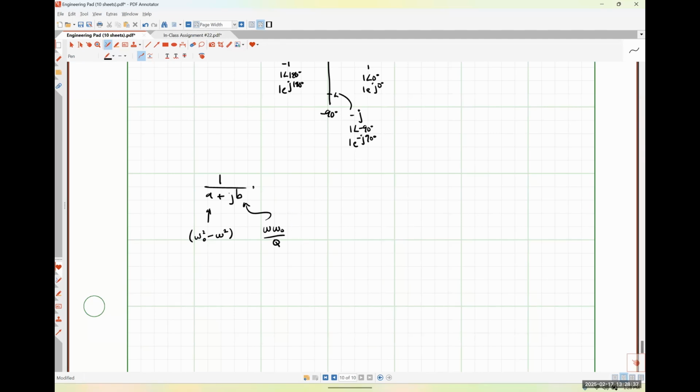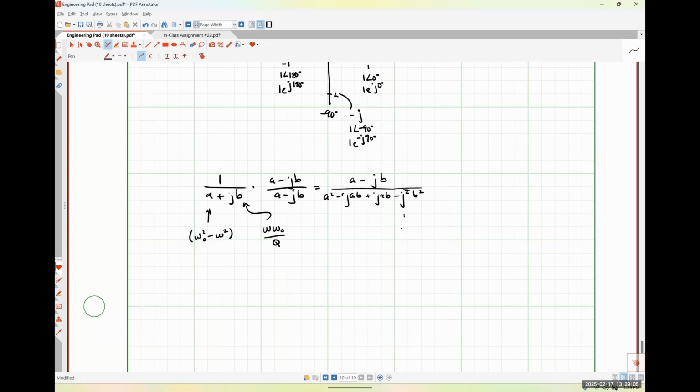So if I multiply this thing by A minus jB over A minus jB, what I'll get is A minus jB over, so I'll have A times A, which is A squared, then I'll have minus jAB, then I'll have plus jAB, and then I'll have minus j squared B squared.